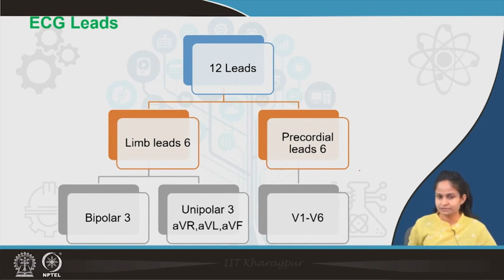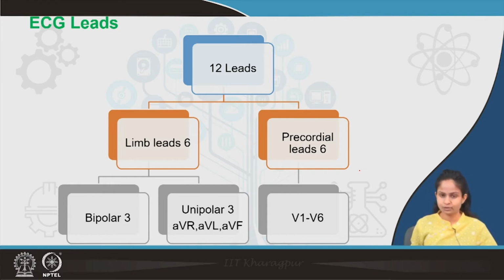As we have seen in the previous lecture, our body is an excellent volume conductor, an excellent conductor of electricity. So, whatever electrical currents are generated in our body, since the ECG is a recording done extracellularly, if we place electrodes on the surface of our body, we can easily record that electrical activity.